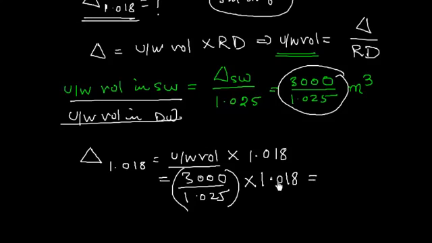Now all I have to do is punch in the calculator and I get this value 2979.512, or simply I will round off to 2979.5 ton.